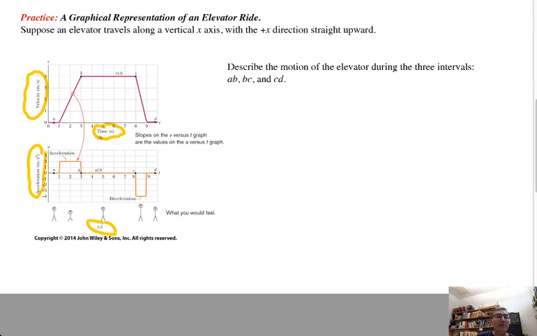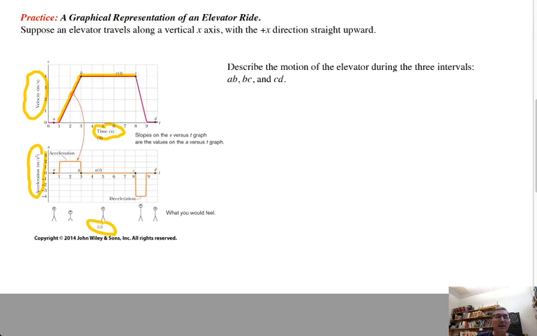Then it quickly but smoothly transitions to a velocity that's positive and getting bigger, right here, up to point B for a duration of 2 seconds. Then, from point B to point C, the velocity stays constant in the positive direction at 4 meters per second for a duration of 5 seconds.